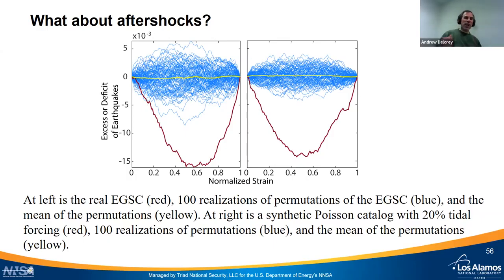So I leave the aftershocks in there, but I also check to see if aftershocks can look like tidally triggered earthquakes even when they're not. So what I've done is I've taken a real earthquake catalog at the Geysers that has aftershocks in it, and then I've done permutations of it.